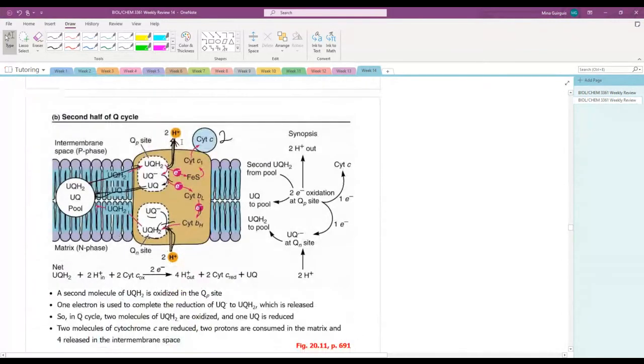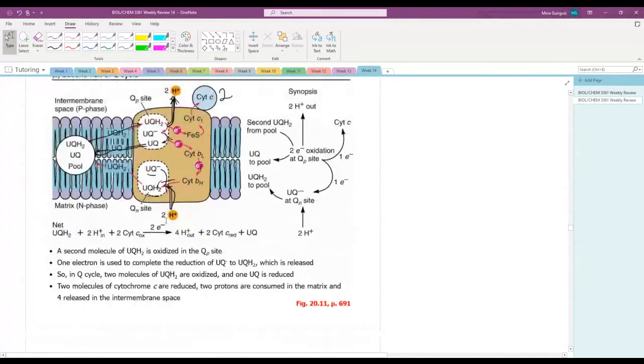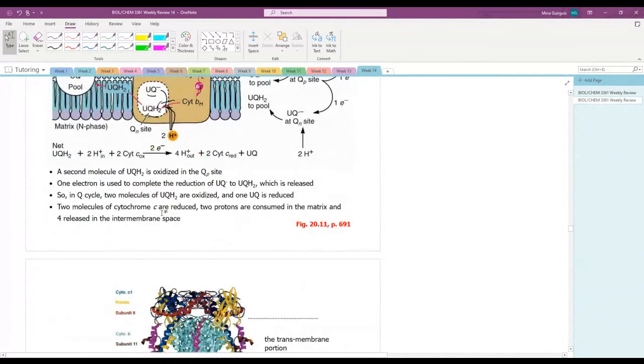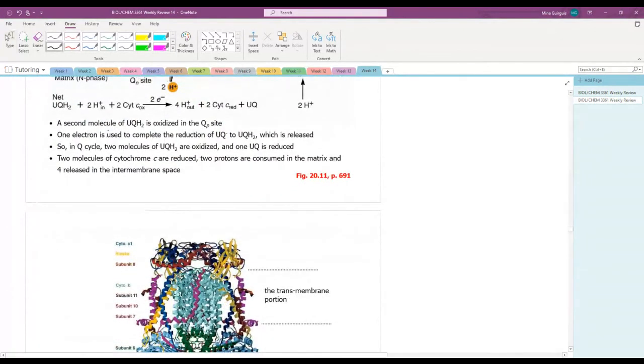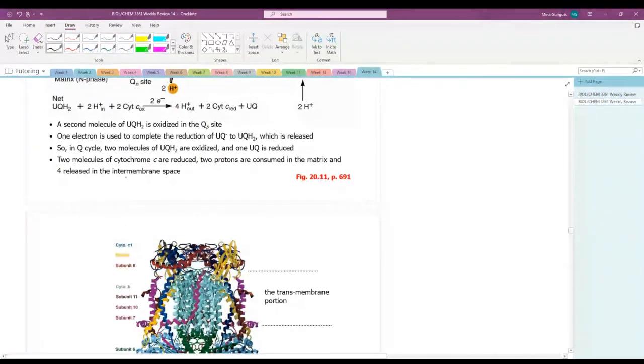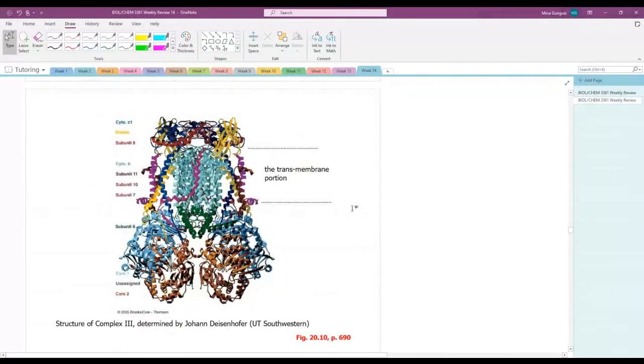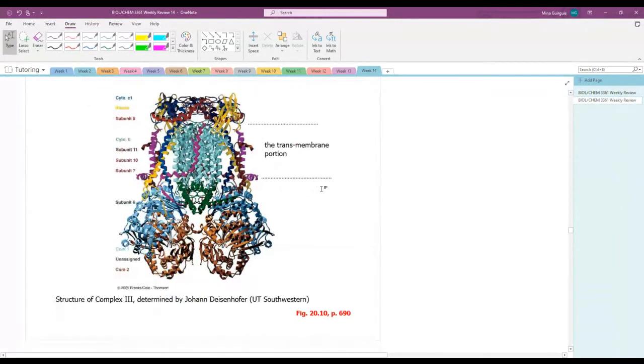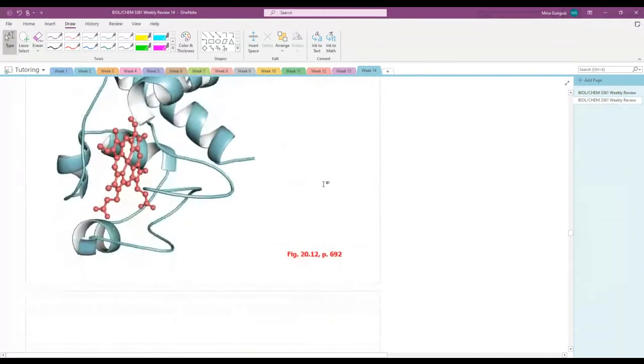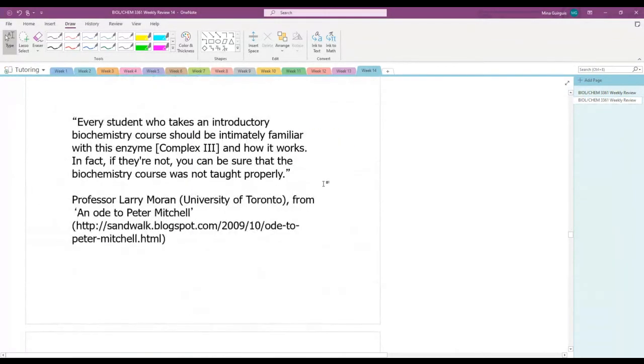And the same thing is happening here, but we're also using 2 protons to make more of UQH2, okay? And so this helps us release protons into the intermembrane space, which you'll see is one of the most important things that this process does, okay? And there are a lot of subunits here, it is very complex. Okay, so now cytochrome C.